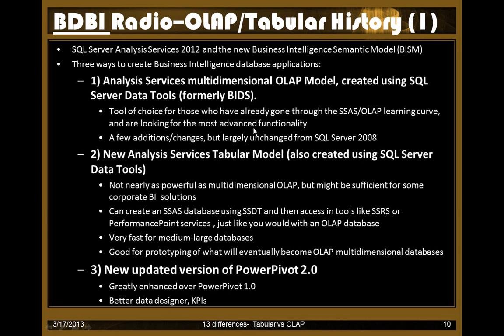They actually added a few small enhancements, but for the most part, Analysis Services 2012 is about the proverbial 98-99% of what it was in 2008. But there's now this new tabular model we're going to take a look at today. It's not necessarily as powerful as multidimensional OLAP, but still might be sufficient for many corporate BI solutions.